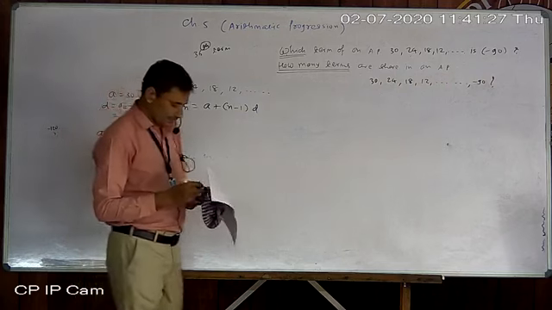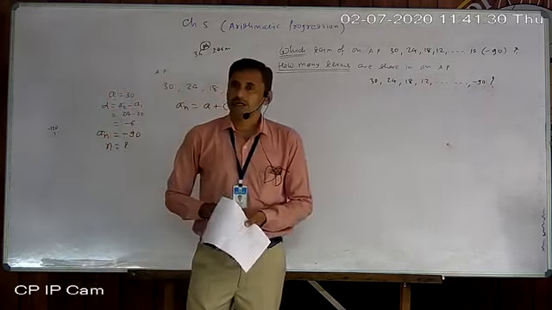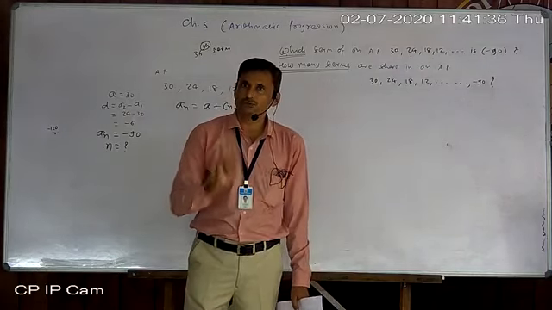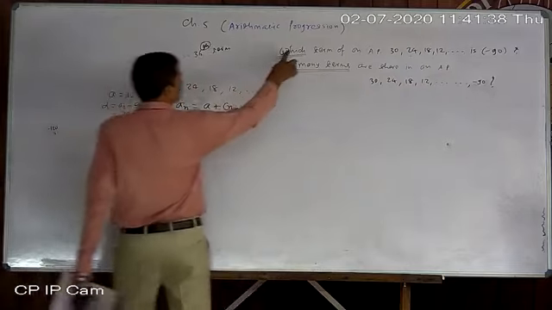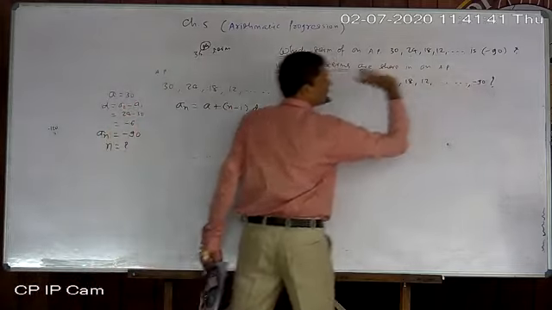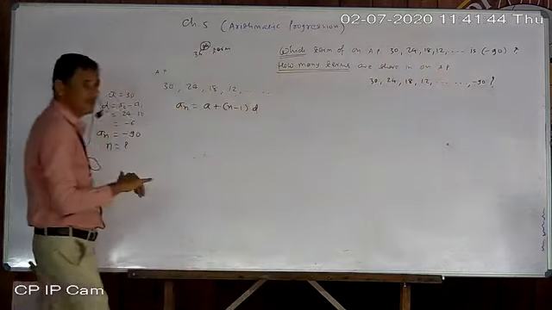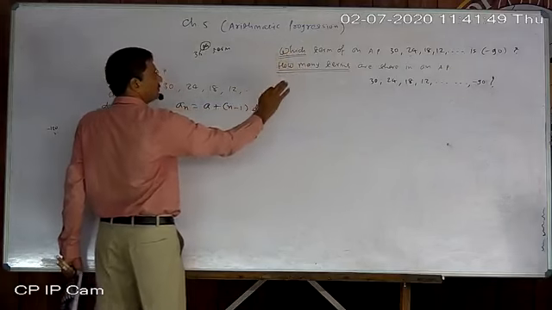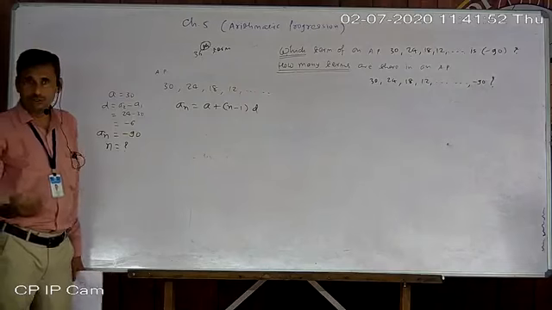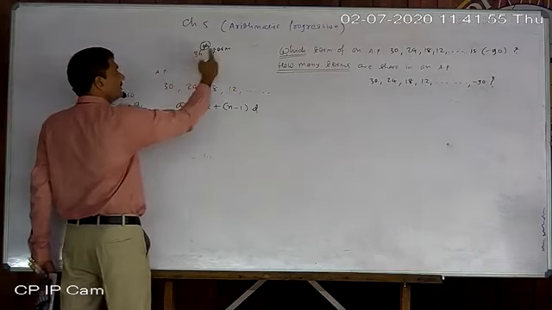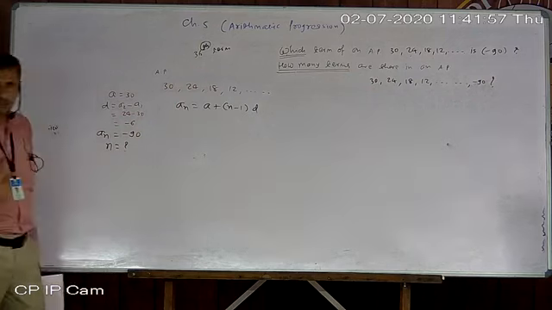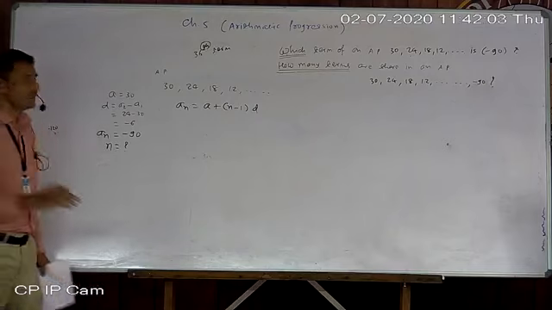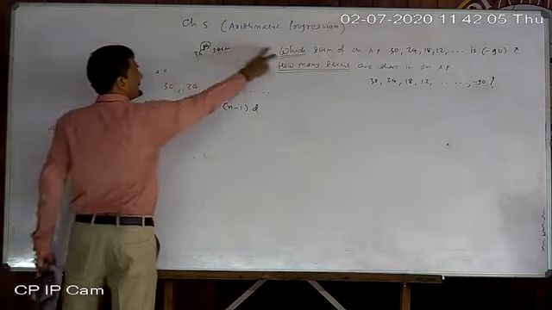If I come into your class and ask how many students are there in the class, that is the last roll number. In the same way, the last term's roll number is asked. So when you come across this type of question, you should know n is asked. And n is given whenever an ordinal number is there: first, second, fifth, 38th, 35th. So n is given, or n is asked.